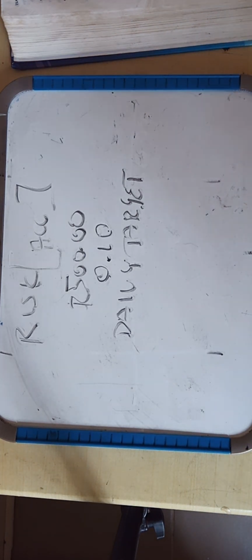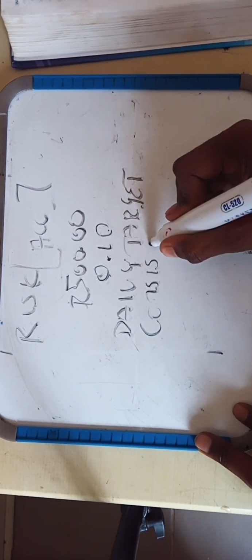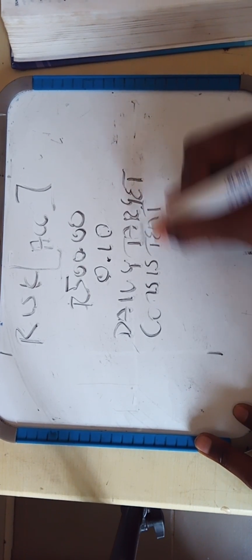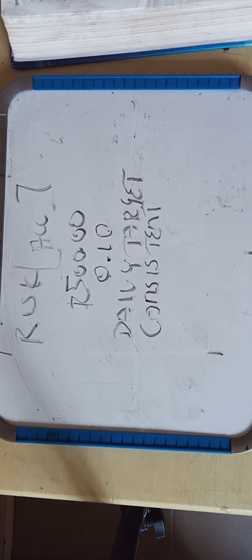If you start to grow your account, it simply means you are being what? You are being consistent. Consistency always applies when it comes to the lot size. When you are being consistent, now you can increase or improve your trading account. You can increase your what? Your lot size. Okay?